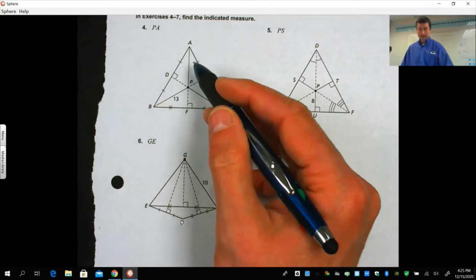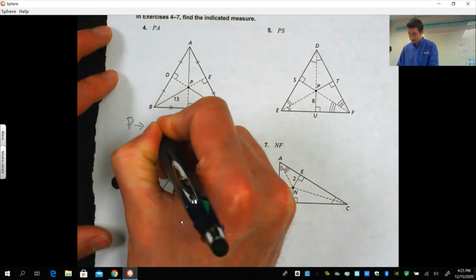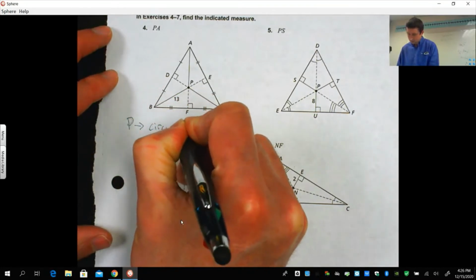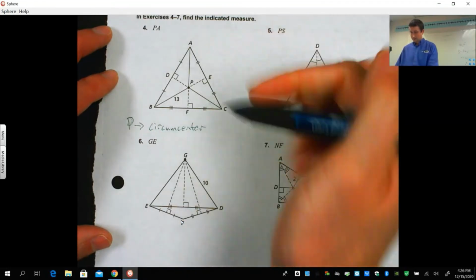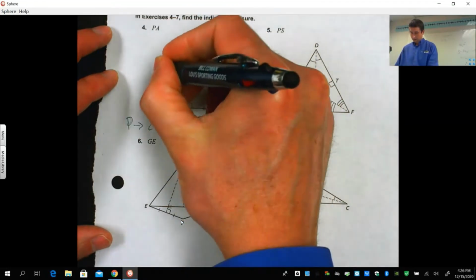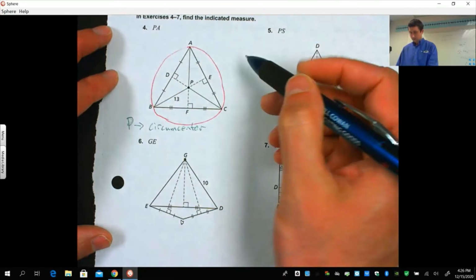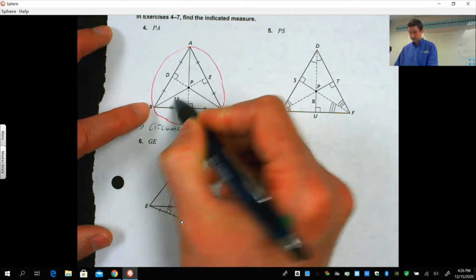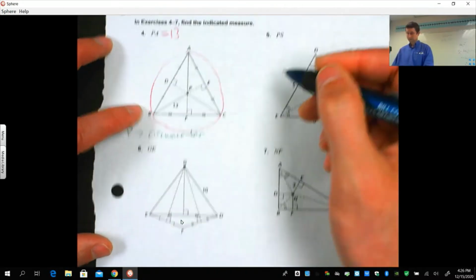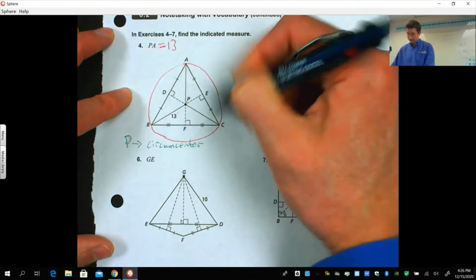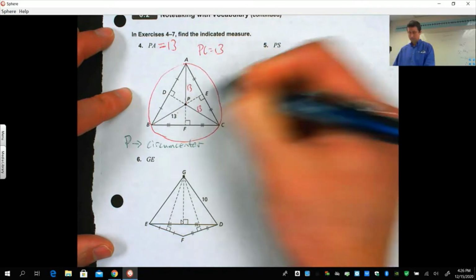Okay, so what that tells me is that P is what we call a circumcenter. Okay, that means there is a circle that goes through those 3 points. So P to B has to be 13, P to A has to be 13, that's what the question's asking, and also P to C has to be 13. Okay, so those all have to be 13.